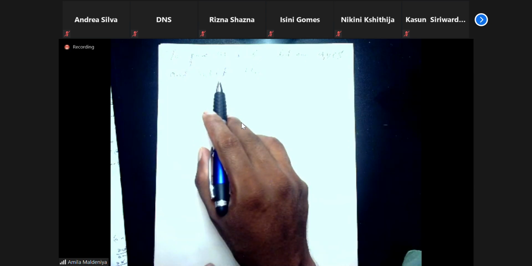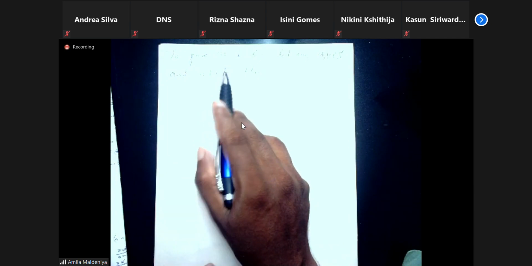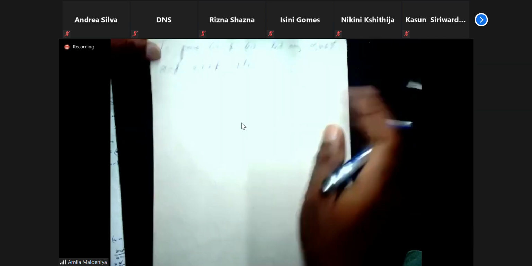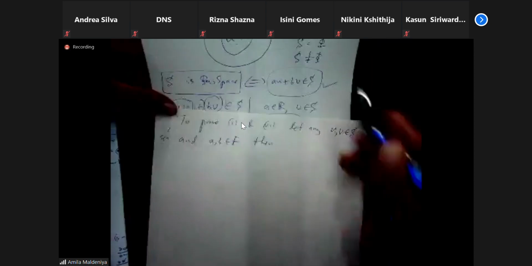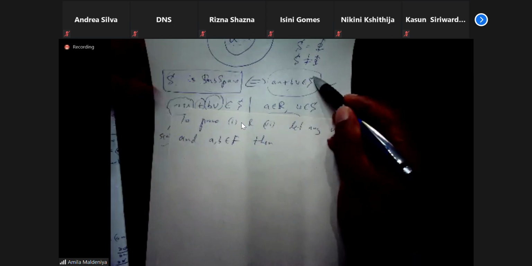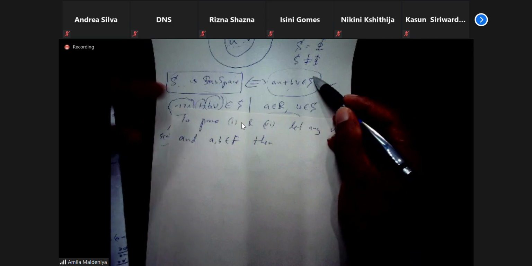We want to prove it's closed under addition and closed under multiplication. Now what we have here is this relation, right? So using this relation, let's prove closed under addition and closed under multiplication.